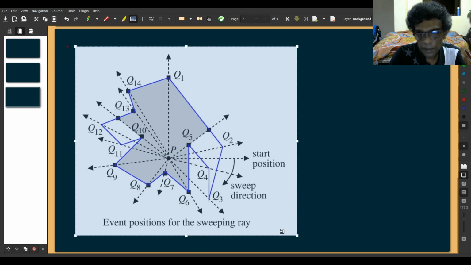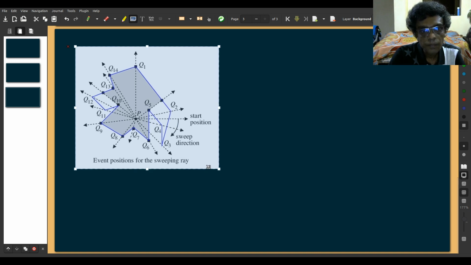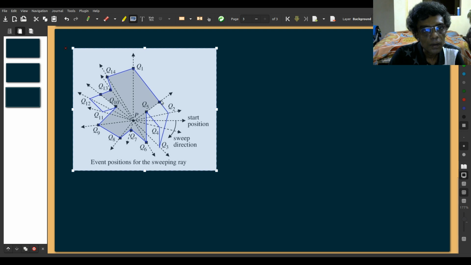Something like this. So, this is the starting position, horizontal starting position of the ray emanating from P. And this is the sweep direction, which we assume clockwise.